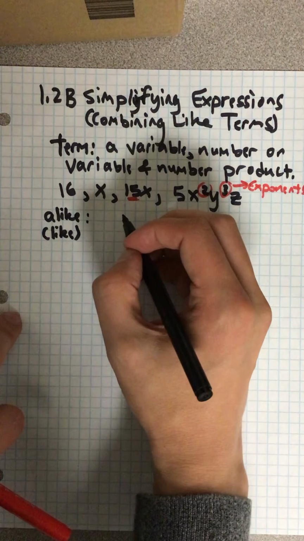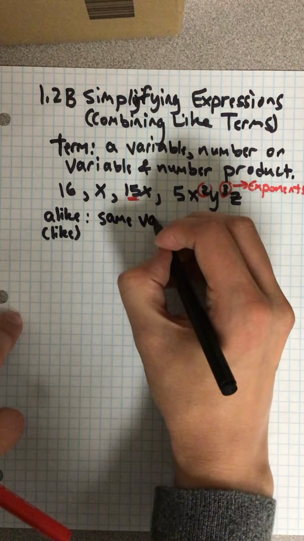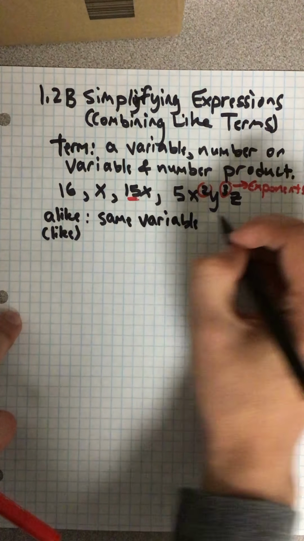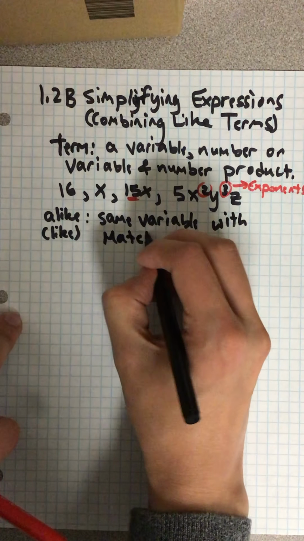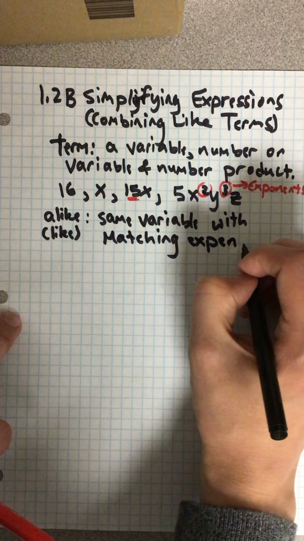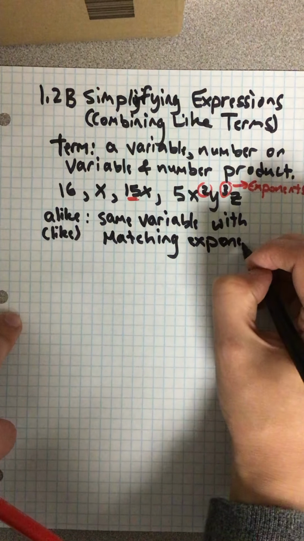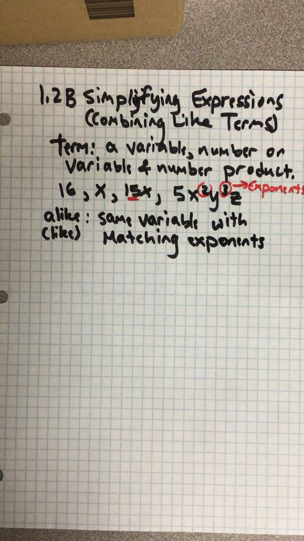And these are the same variable with matching exponents. So if you're trying to figure out if we have two terms that are alike, we need to check the exponents. I'm struggling to spell today, apparently. First day of the week is always tough. We're looking for terms which are alike, meaning they have the same variables and exponents on those variables.